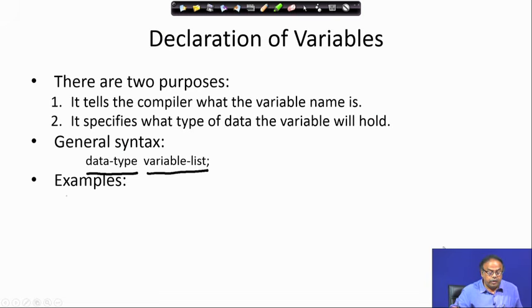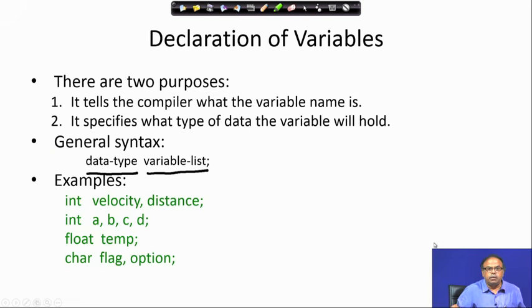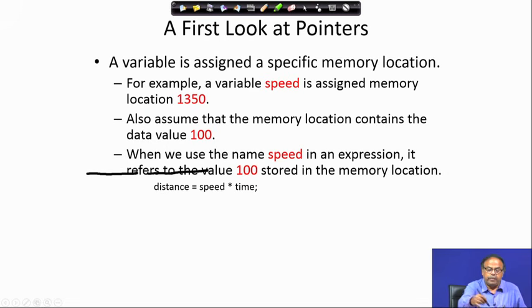Like examples we have already seen: int velocity, distance; int a, b, c, d. Velocity and distance are all integer variables, temp is a floating point variable, and flag and option are character type variables. We have already seen them, right.